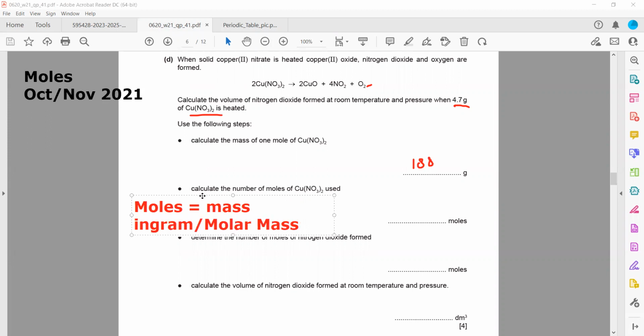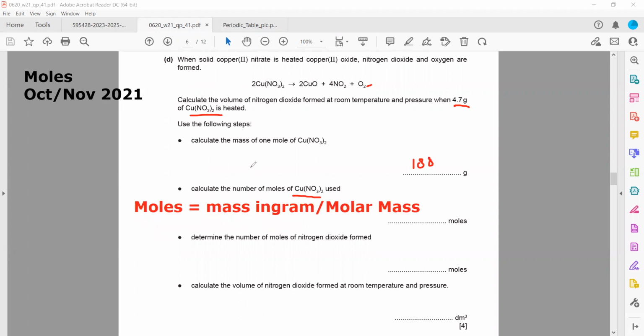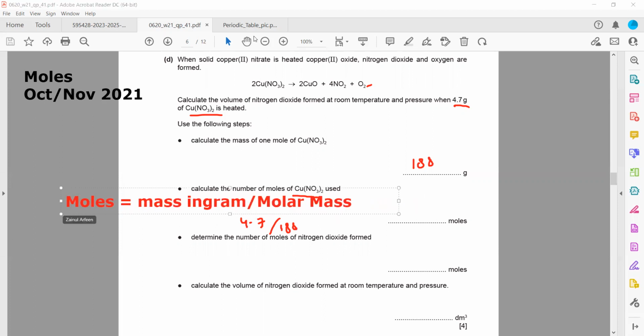Molar mass means mass of 1 mole. Mass in gram is 4.7 and the molar mass we already calculated, that was 188. So 4.7 divided by 188. What's the final answer? 0.025. So we have 0.025 moles of copper nitrate.